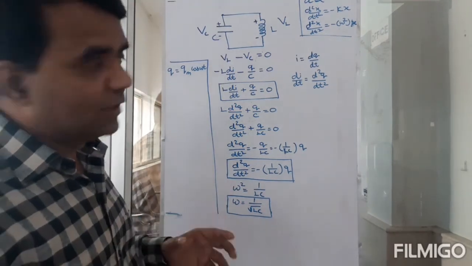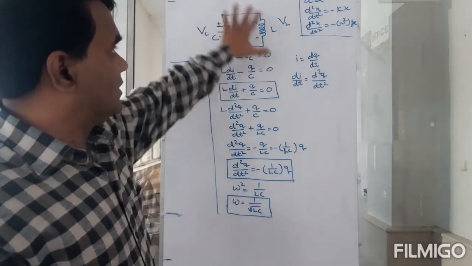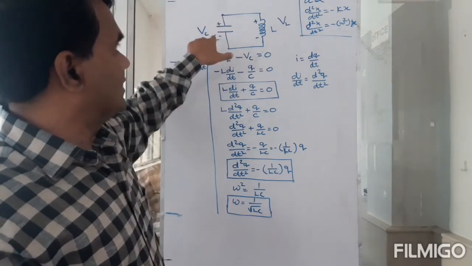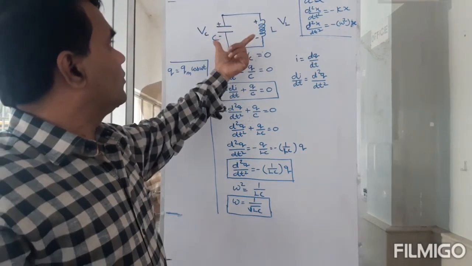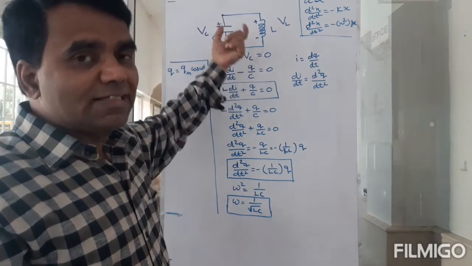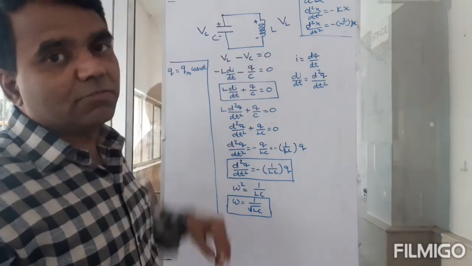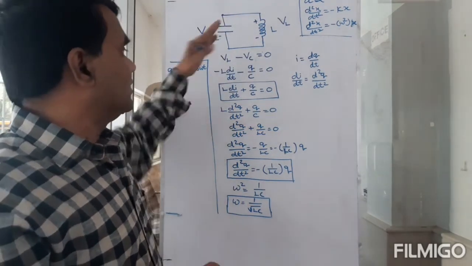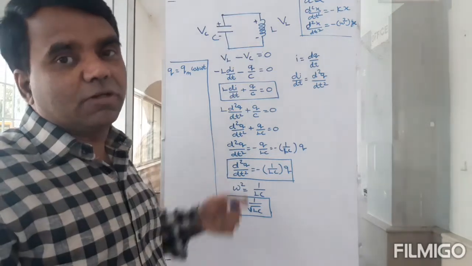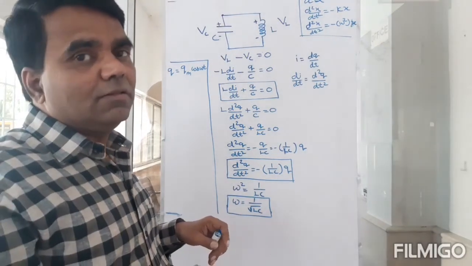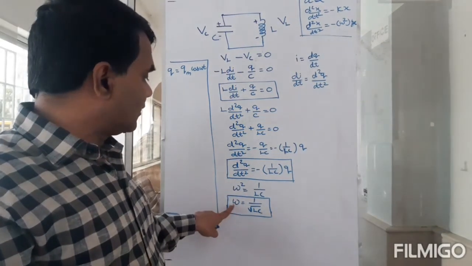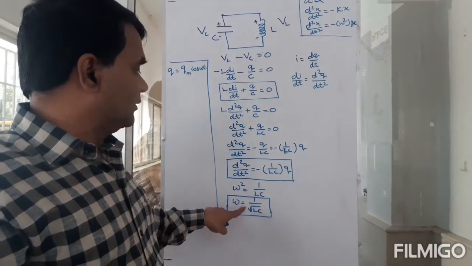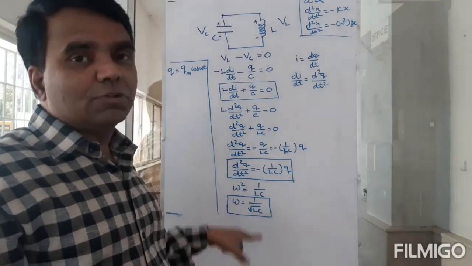The point I'm trying to drive home is this: the LC circuit exhibits simple harmonic motion. The oscillation is simple harmonic with an angular frequency omega equal to 1 by root LC.